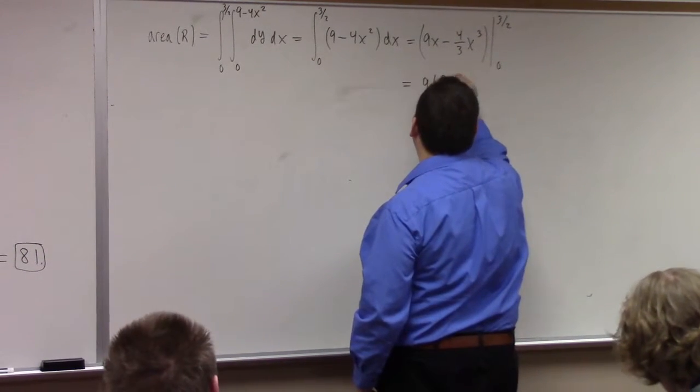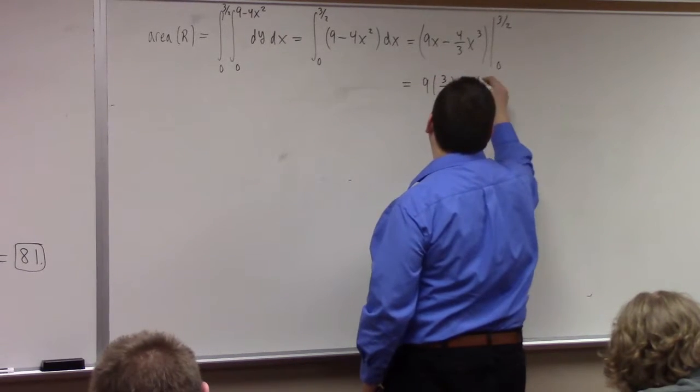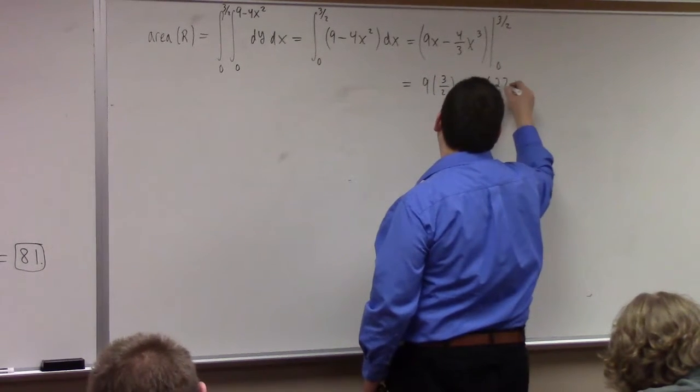So that's 9 times 3 over 2 minus 4/3 of 27 over 8.